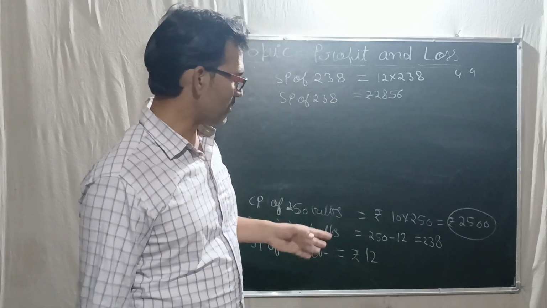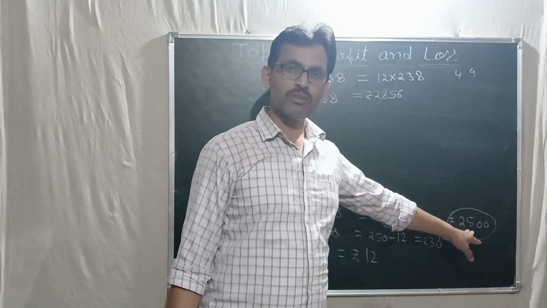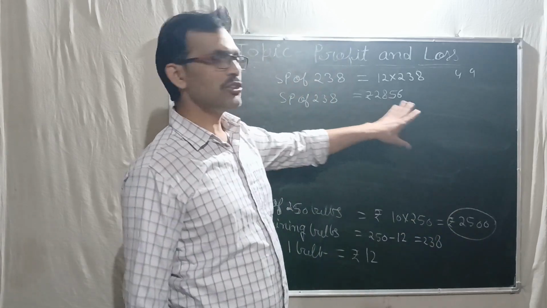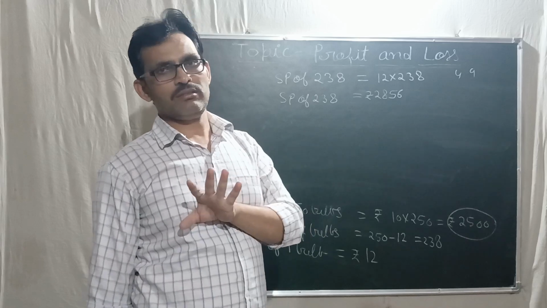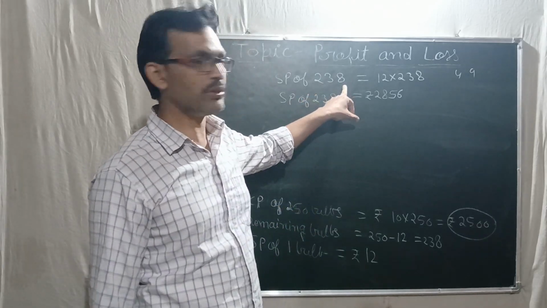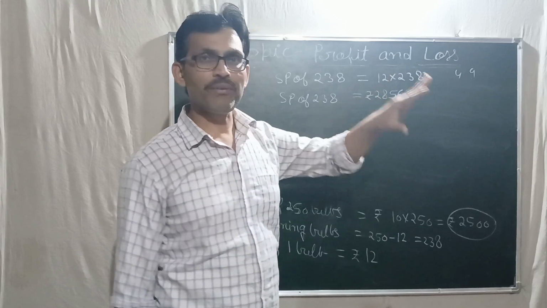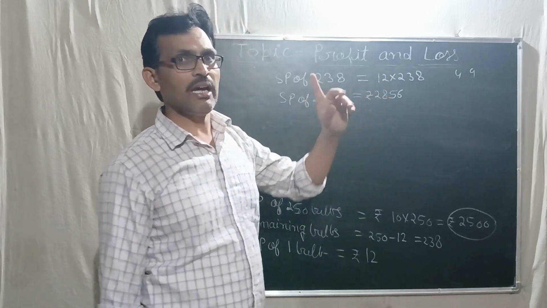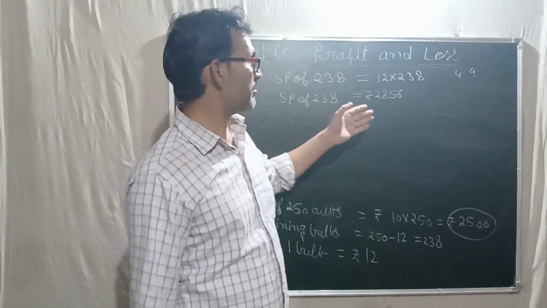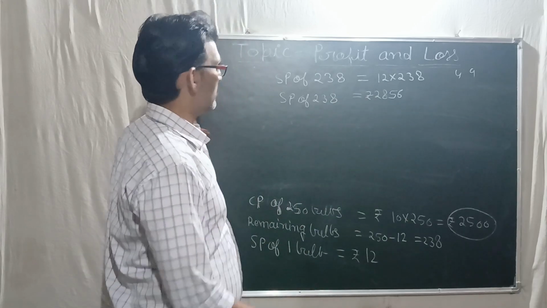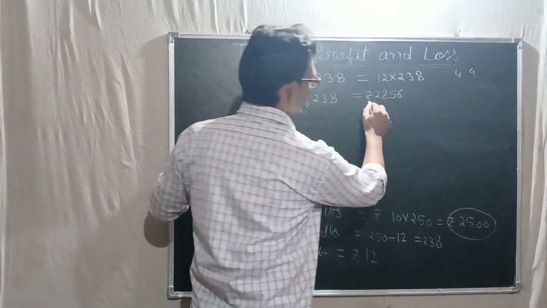So the total cost for him was 2500, and he sold only the 238 right bulbs. Whatever profit he earned, he will earn only on 238, and the fused bulbs will get subtracted from his profit.